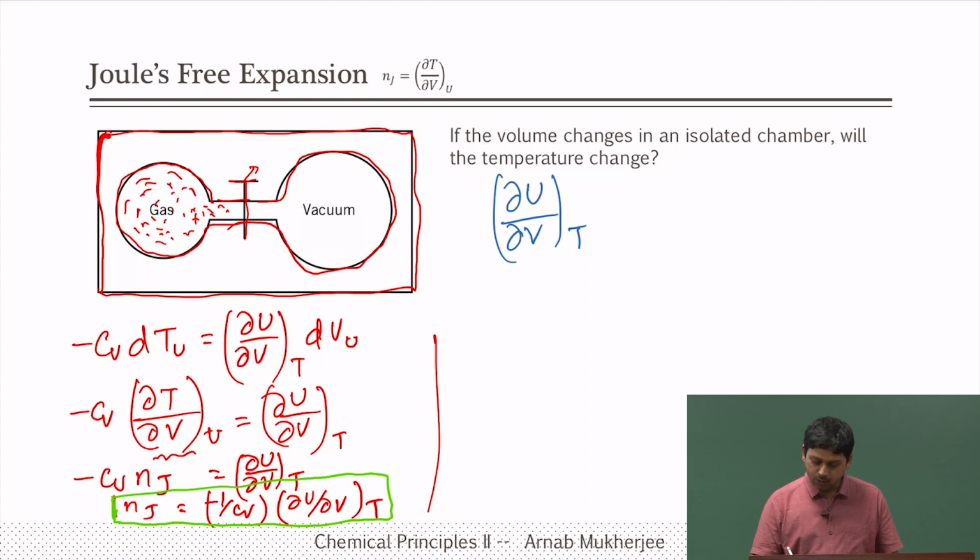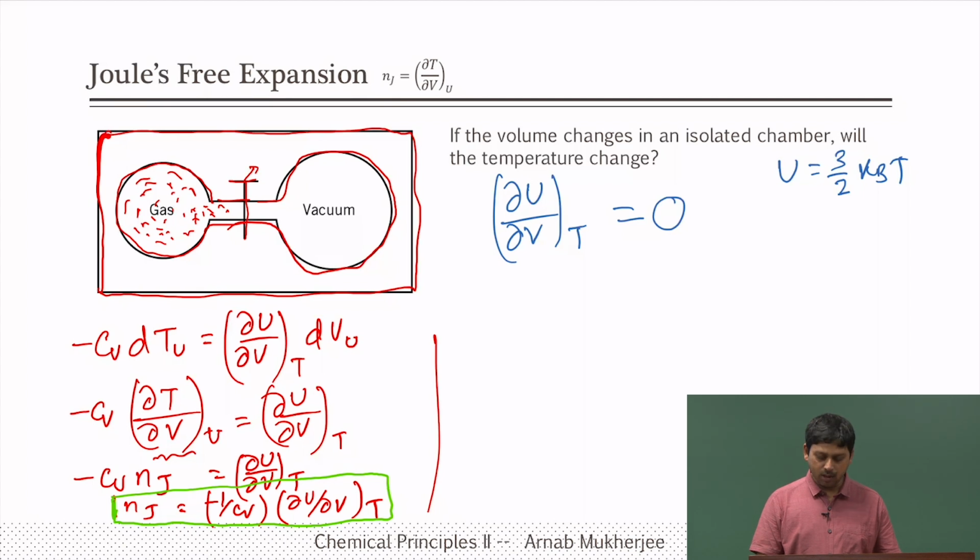For an ideal gas we know that u equals 3/2 k_B T, right. So, ∂u/∂V at constant T is going to be 0, because u does not depend on volume. When I change the volume, if my temperature is fixed, then u is not going to change.